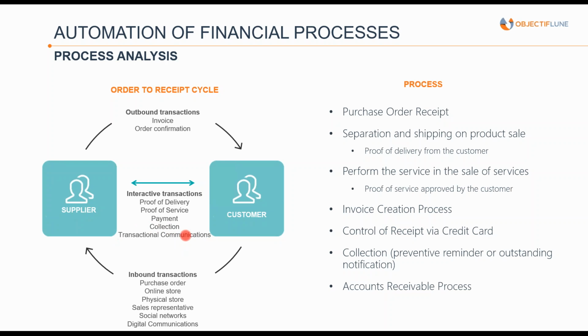So that finishes the collection process. So you see, all of this generates different processes in this buyer journey. The purchase order and receipt are a kind of document. Also there is the process of separation and physically shipping the product to the customer. This generates a proof of delivery from the customer.